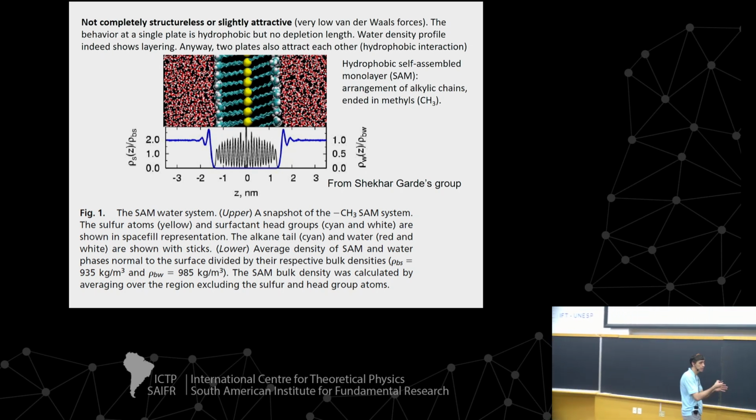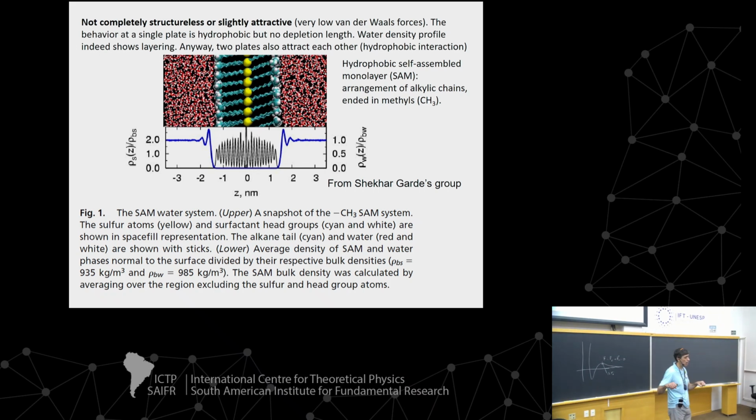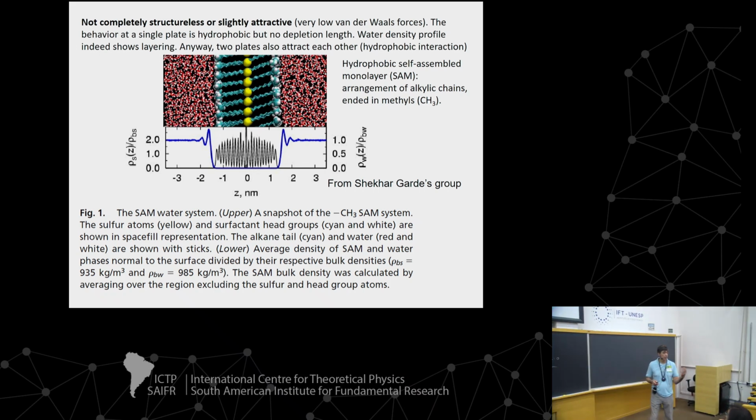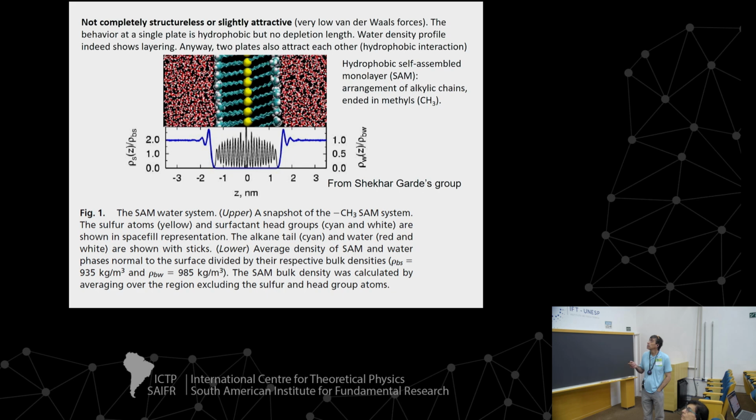You have some thiol binding to alkylic chains, and these alkylic chains can be functionalized in order to be hydrophobic or hydrophilic. These systems were very popular from experimental and also from a theoretical point of view. In this case, you have structure at the surface. Here you have the central gold atom, you have the alkylic chains, and you have, for example, a methyl ending, so this is going to be hydrophobic.